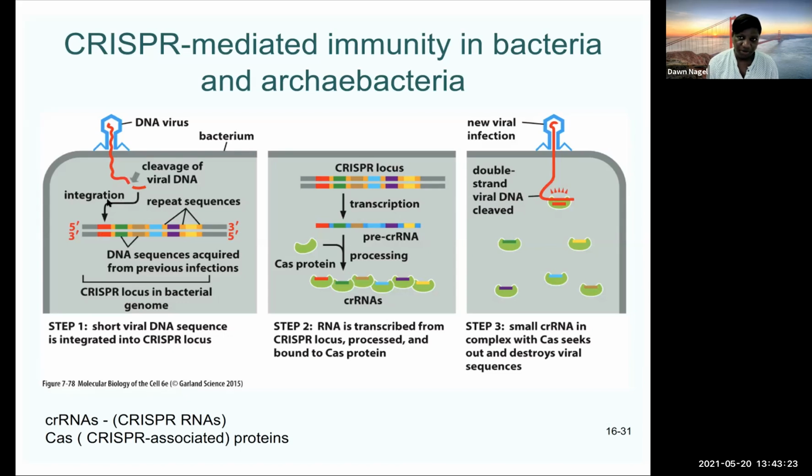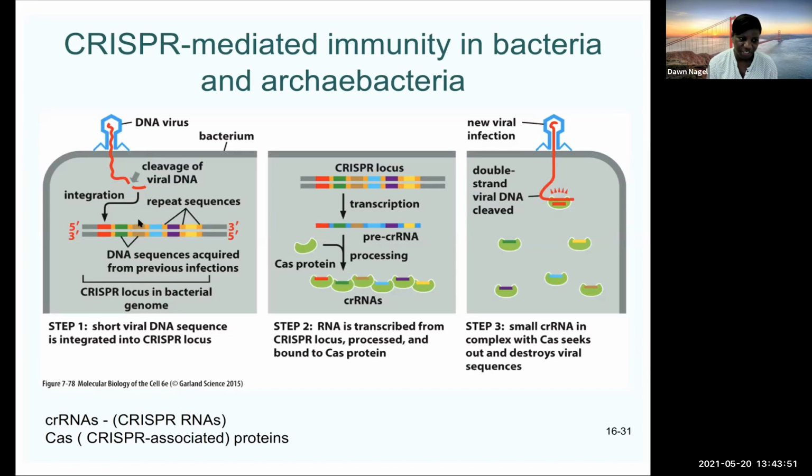It puts this piece of the virus in a particular region referred to as the CRISPR locus, right? Because again, it's clustered, regularly interspaced, short palindromic repeats, right? They have these repeat sequences that are adjacent to these pieces of the virus.